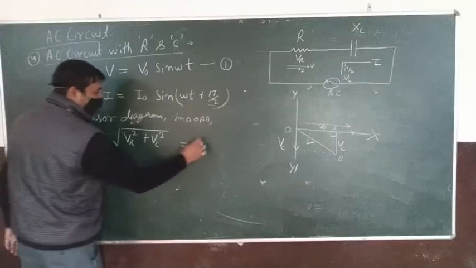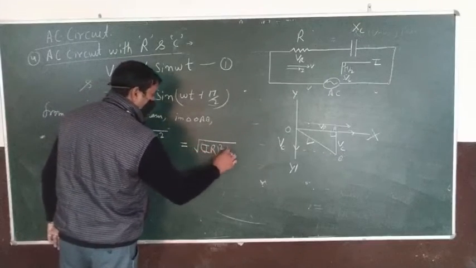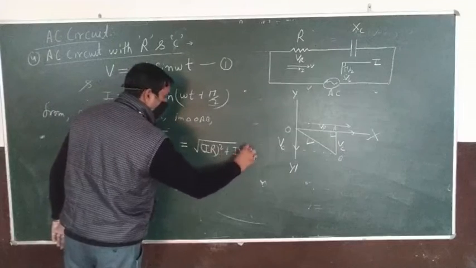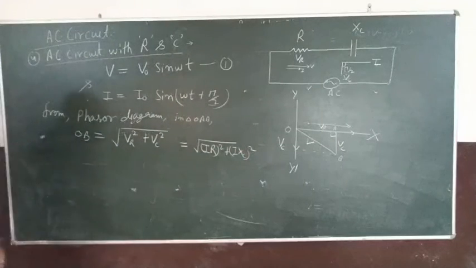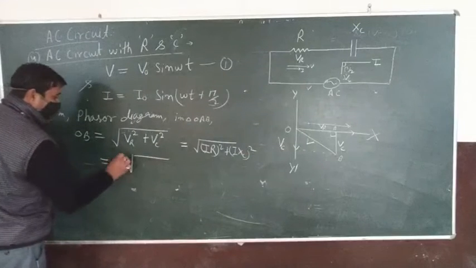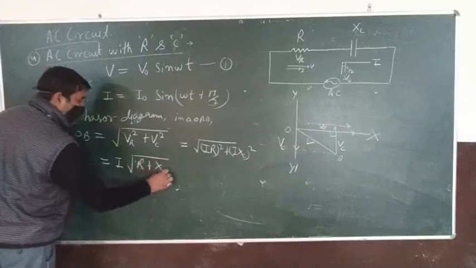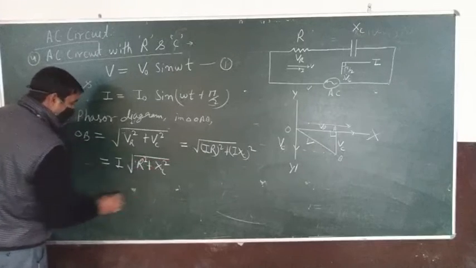Now, this value is given by IR square plus IXC square. ठीक है? Now, I is taken as common and we get the result R square plus XC square.